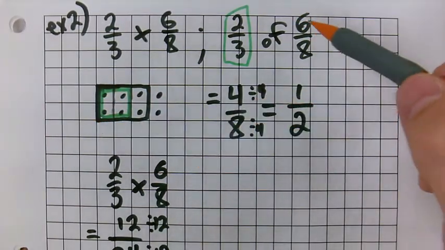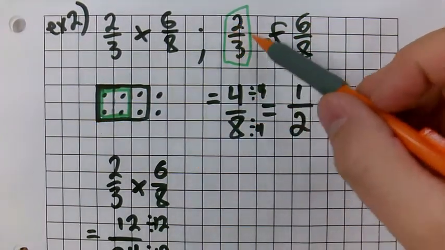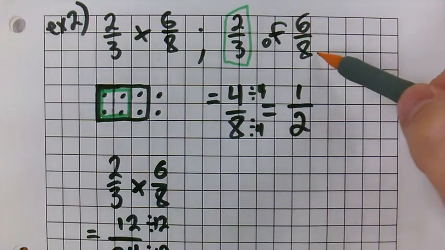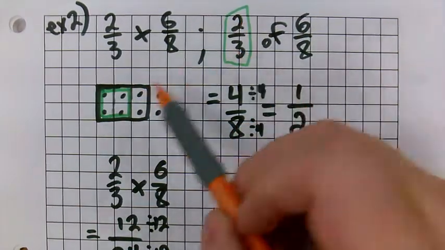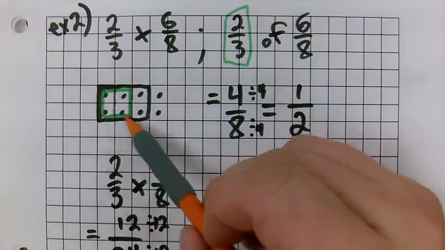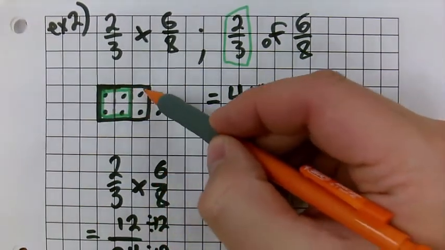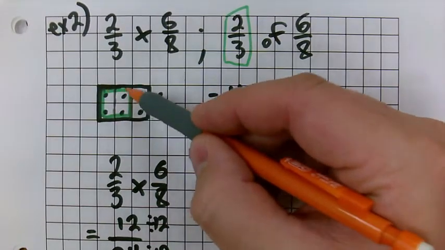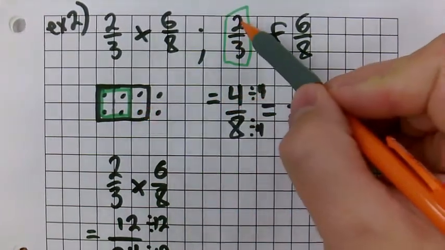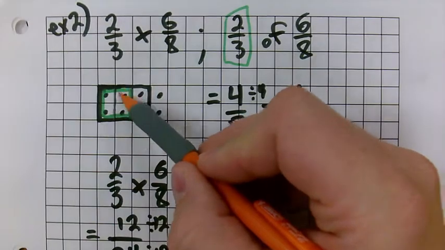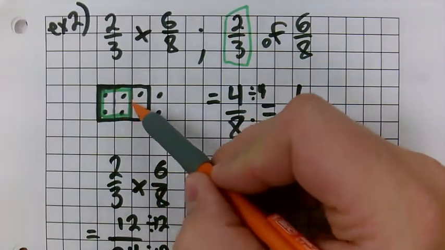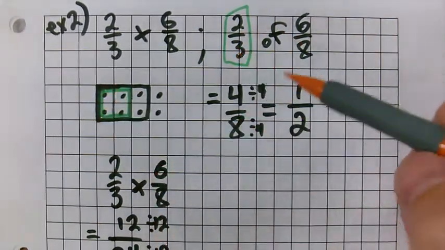Okay? Now it's asking what's 2/3 of that 6/8. So if we split into thirds, 1/3, 2/3, and 3/3, we have 1/3 here, 2/3, and 3/3. We're talking about 2/3. It'd be this and this would be our 2/3. So I circled that in green.